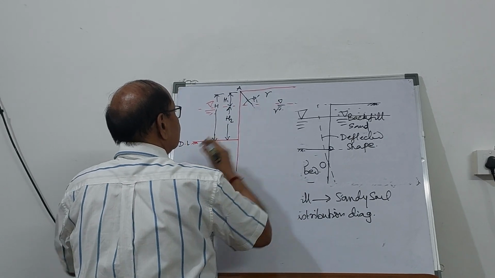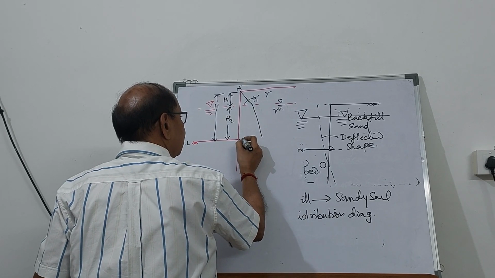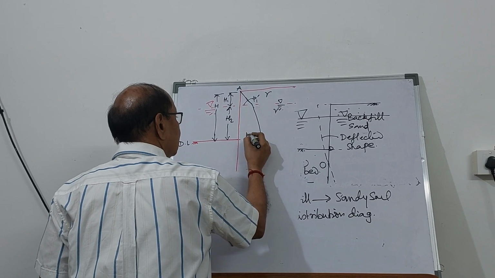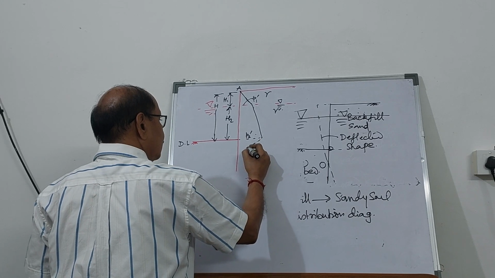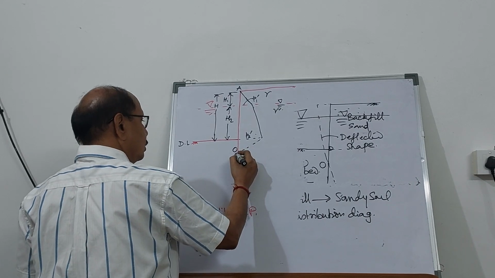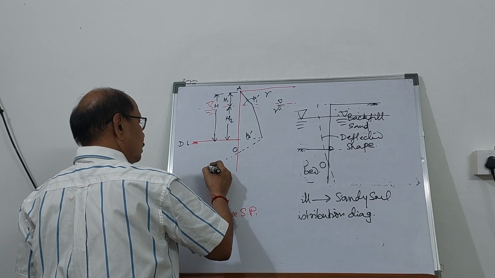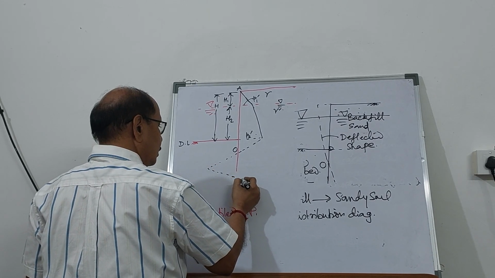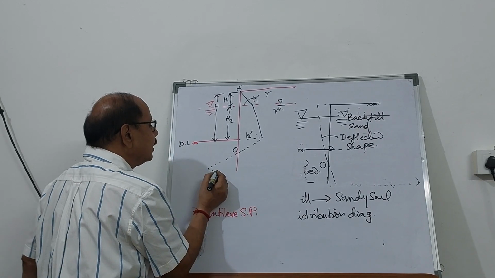Now it is like this. So this is P2 prime, and then it is going like this. This is the point O, and then it is going like this.